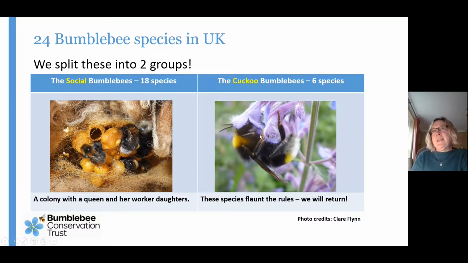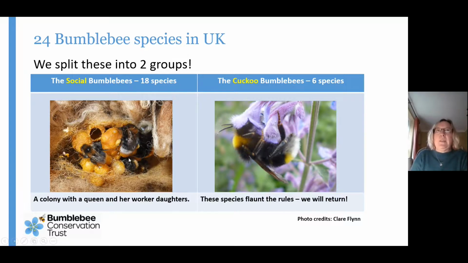And what happens with the cuckoo bumblebees, there is no separation of the females into queens and workers. We simply have males and females. All the females are rather large, a bit like queens. And what they do is they will attack the nest of a social bumblebee.